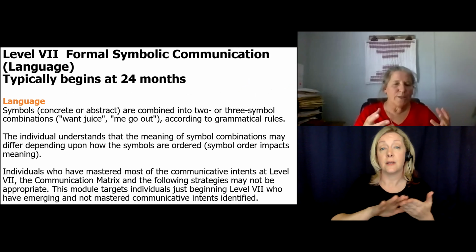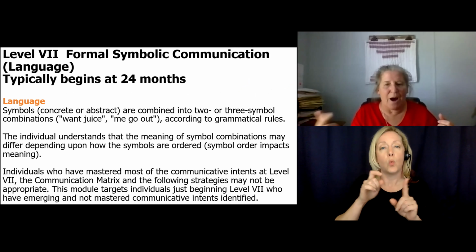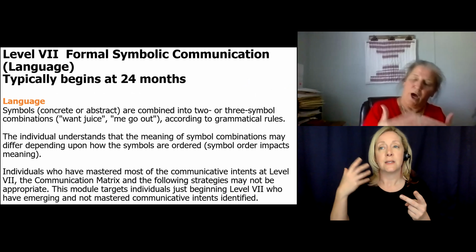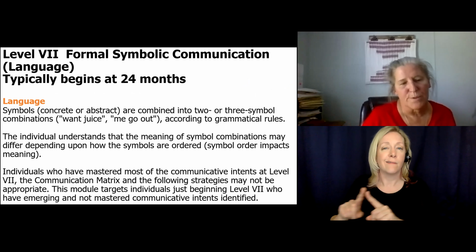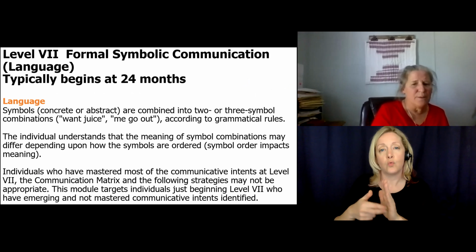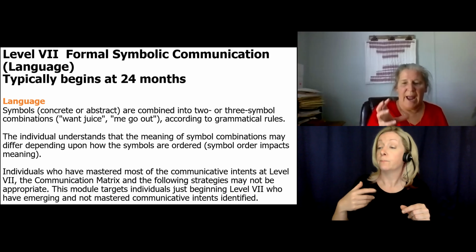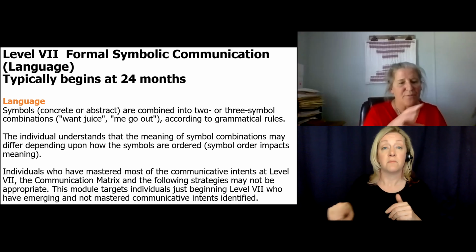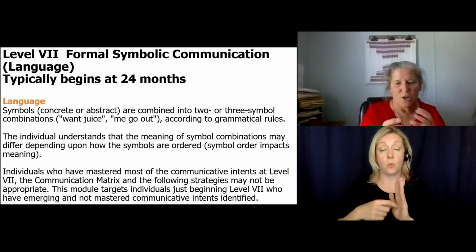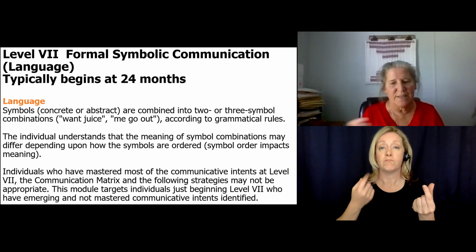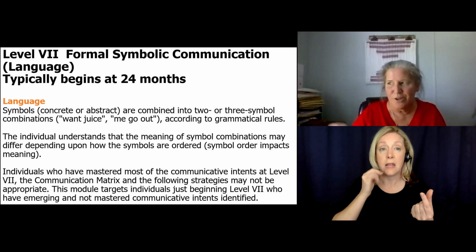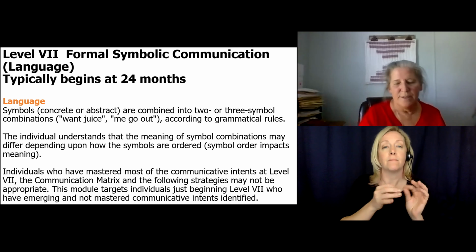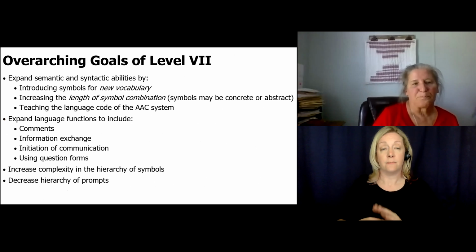So it's that want juice, or me go out, or different things like that we're using according to grammatical rules. And they understand the meaning of the symbol and the combinations that may be different, but they're able to put them together and start figuring out that these things, when we put them together, we're starting to use those 2 and 3 word sentences. So we're really getting there.